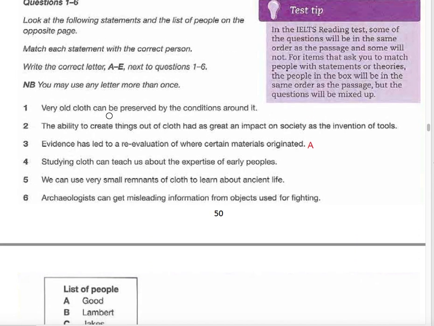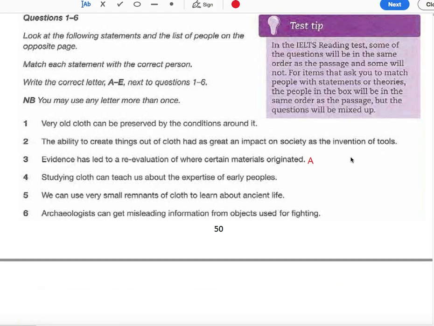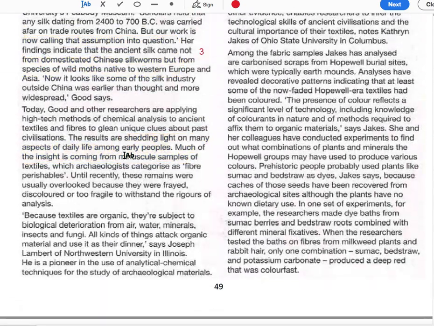A for number 5. A again there. Okay. That was number 5. So number 5 is right over here. Okay. Very good.